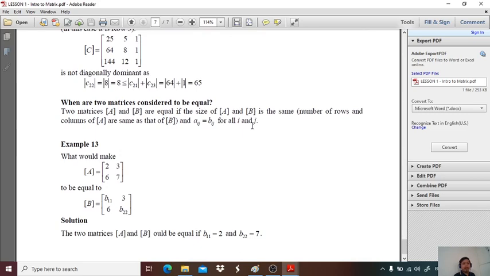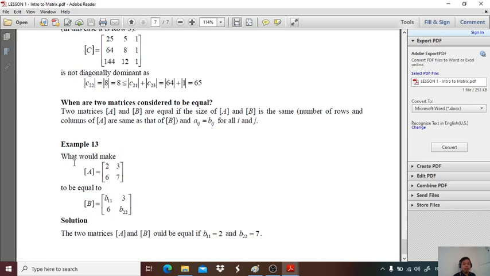So when are two matrices considered equal? We can consider two matrices equal if and only if they are equal in size and the entries in each position of the matrices are also equal. Let's say this example.